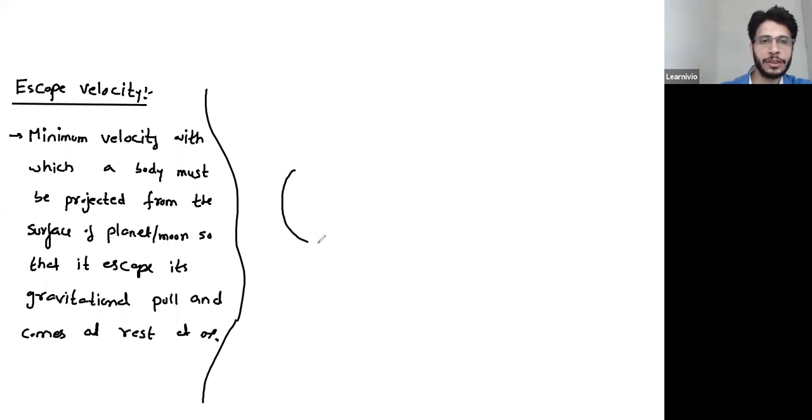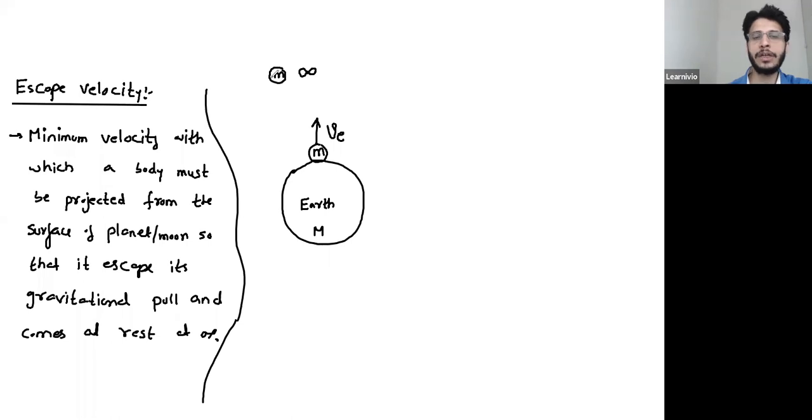So let's say this is Earth, mass is capital M. This is a body of mass m. You are projecting this body with a velocity which is escape velocity. So it will reach up to infinity, and at infinity it will come at rest. Since the body comes at rest, its kinetic energy is zero.